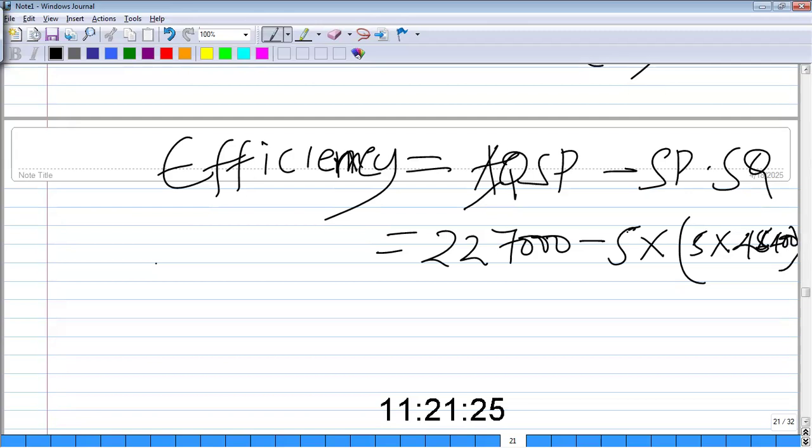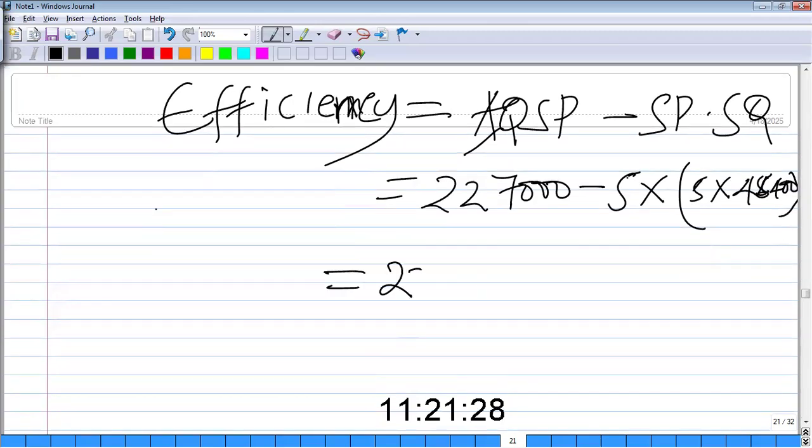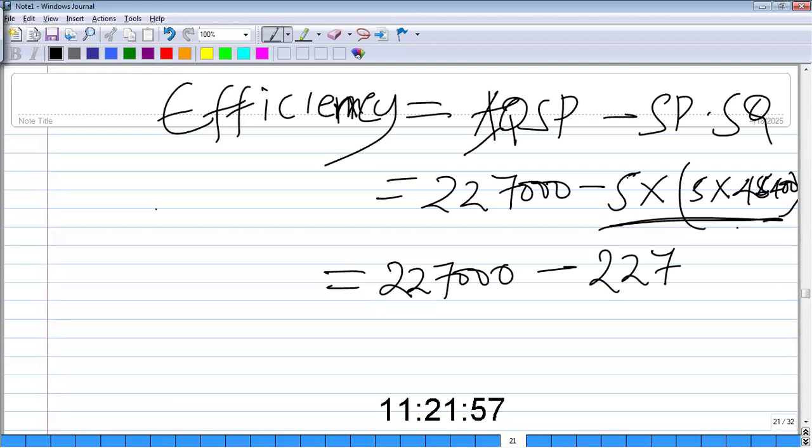What is 5 times 5 times 45,400? It can't be that, because this is already 227,000 and it would be a huge difference.